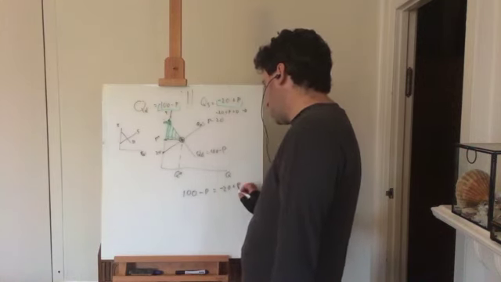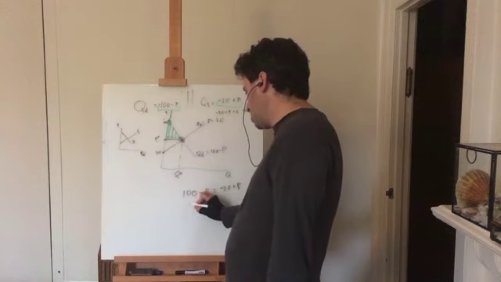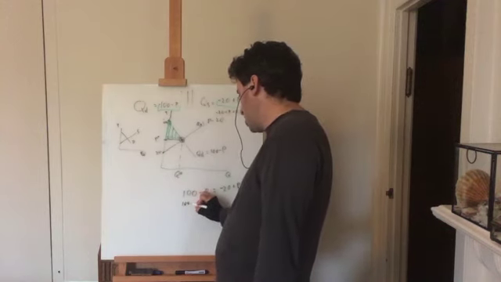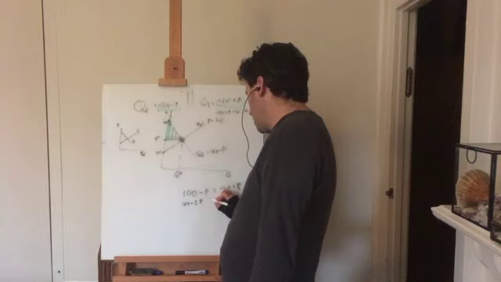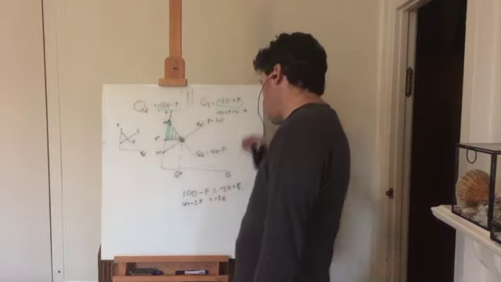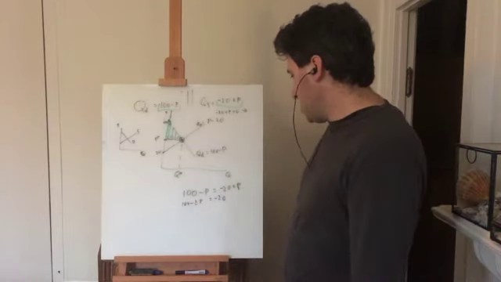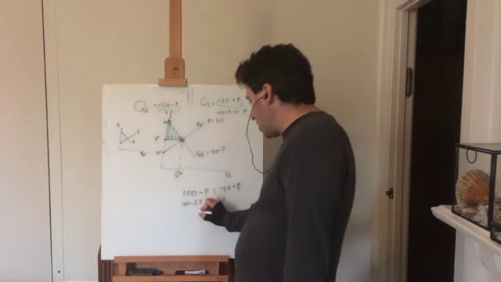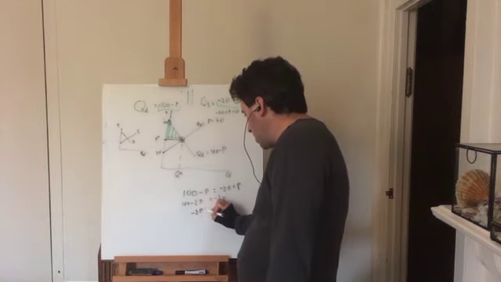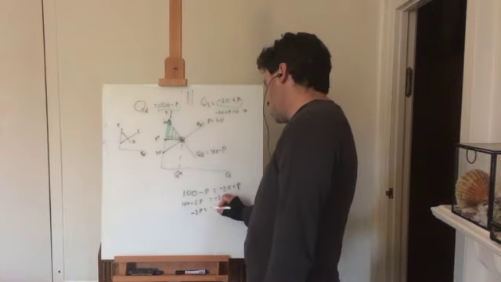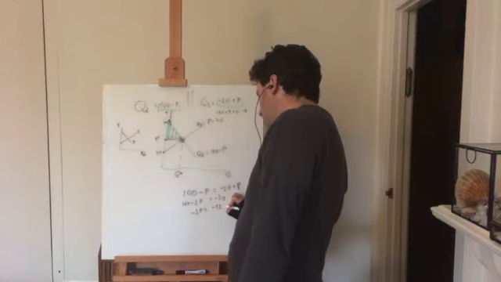So let's put P on the left-hand side. I subtract P from both sides, so I get 100 minus 2P equals negative 20. Let me move this 100 to the other side: subtract 100 from both sides, so negative 2P equals negative 120.